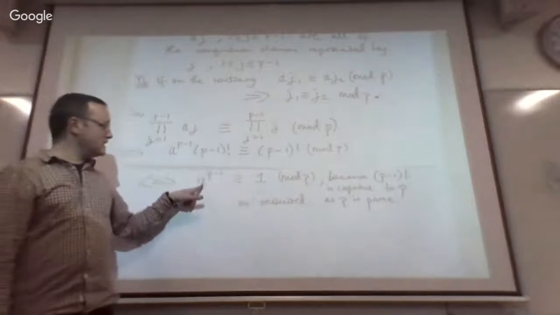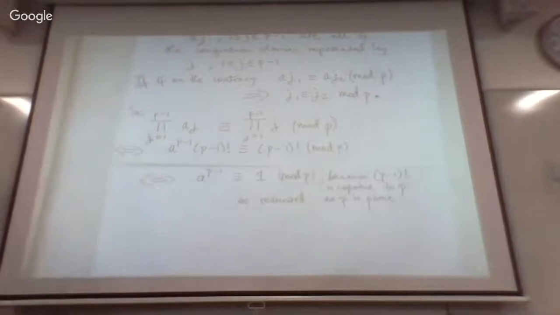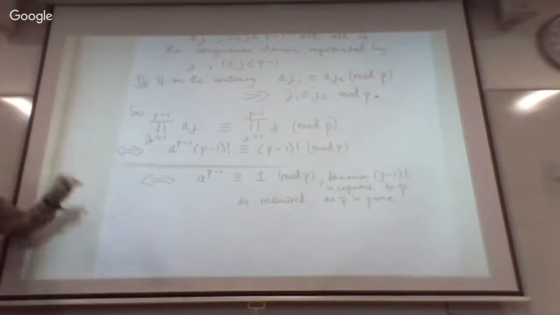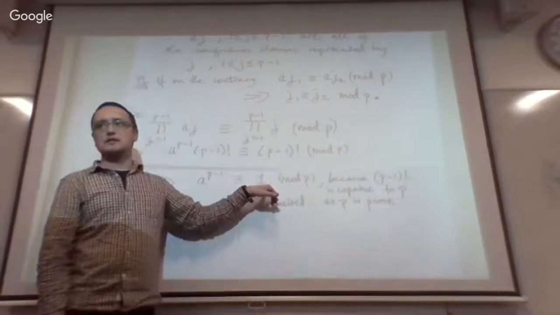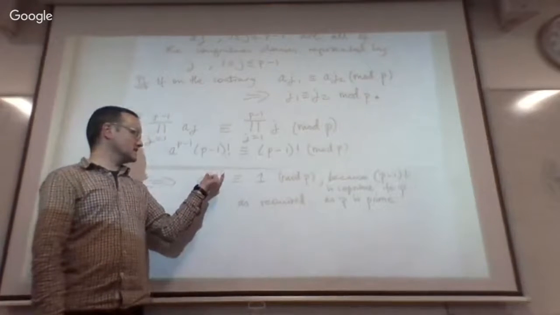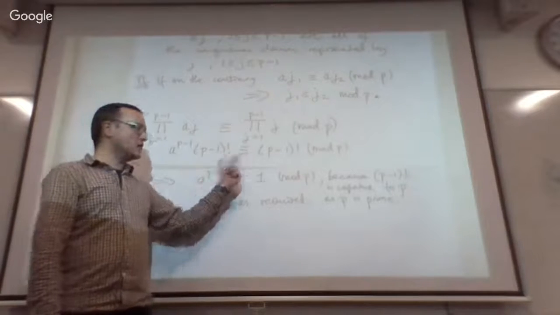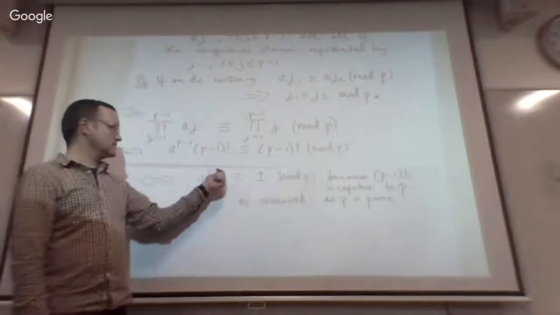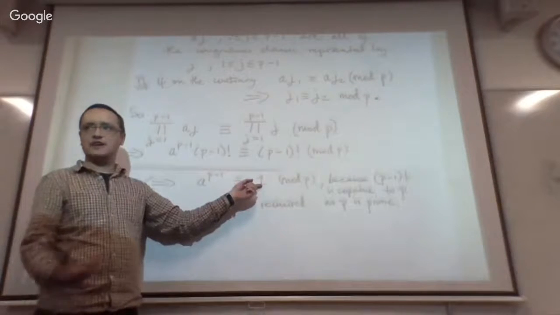Any number which started off being coprime to p, so if it was in this multiplicative system Zp, when you raise it to the power of p minus 1, we know that that's congruent to 1. So we can use this as a base to simplify powers of a modulo p. Whenever you see that power, it's effectively not there because it's just a factor of 1.